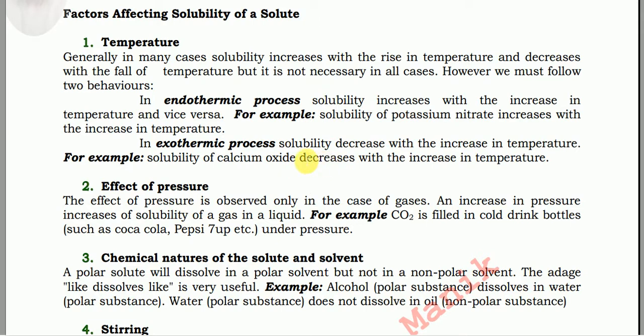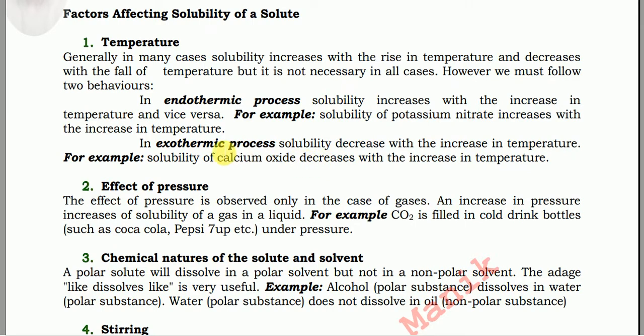And this is true because according to Le Chatelier's principle, any chemical reaction will do anything to minimize or reduce the effect of change whenever it is in chemical equilibrium.